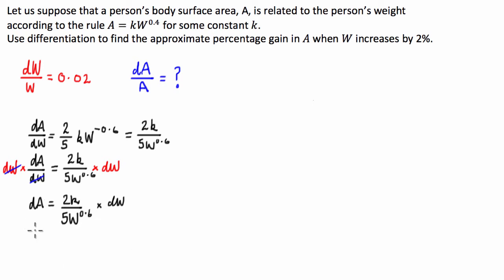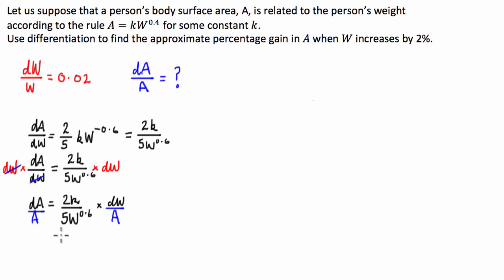Now I'm going to divide both sides by A, and the reason is that I now have, on the left-hand side, the expression that I'm looking for in the question. So now I have dA over A, or the percentage change in the body's surface area, is equal to this expression.